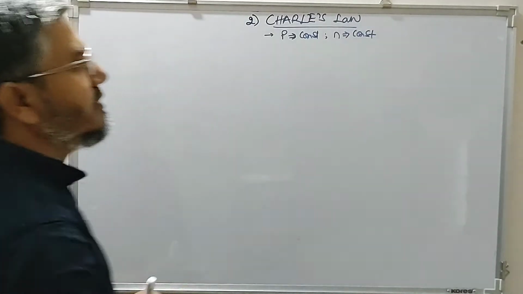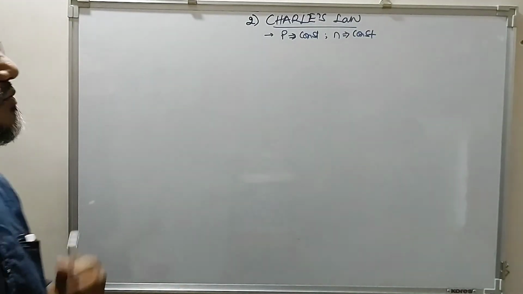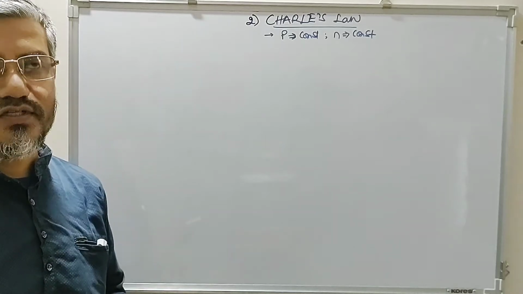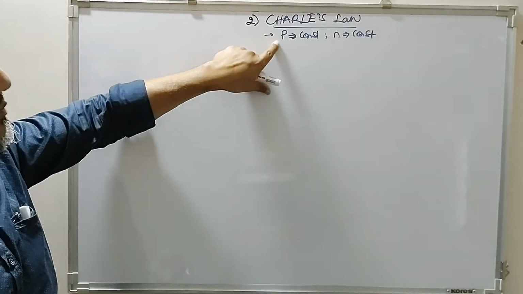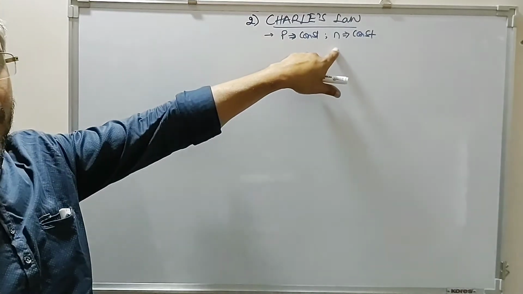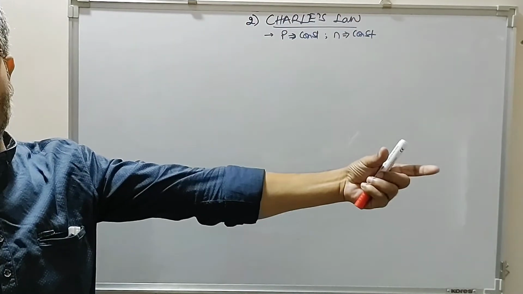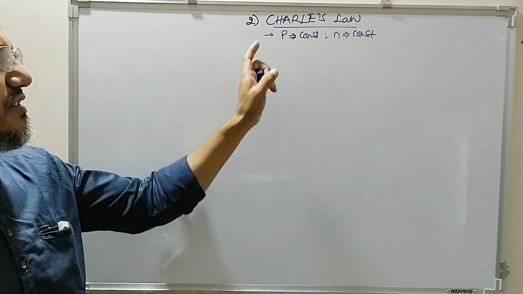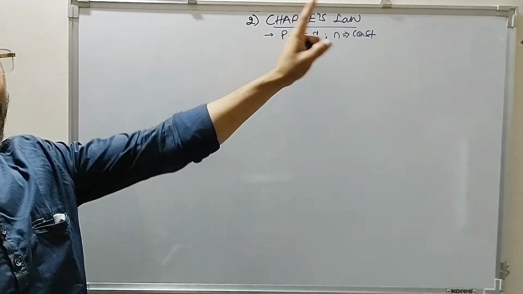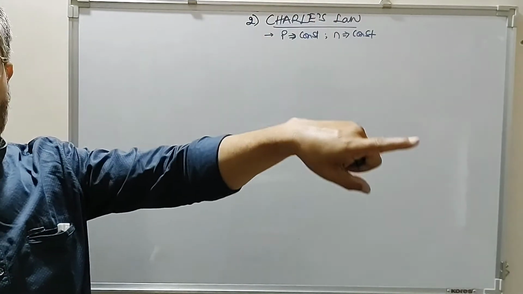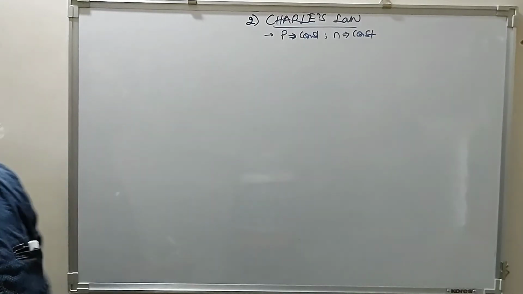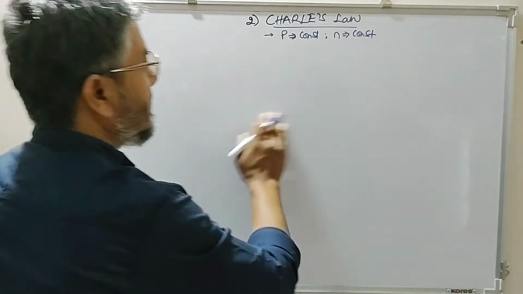For Charles' law to be applicable, both pressure and amount of gas have to be kept constant. If pressure changes, then Charles' law is not applicable, or if the amount of gas changes, then again Charles' law is not applicable.